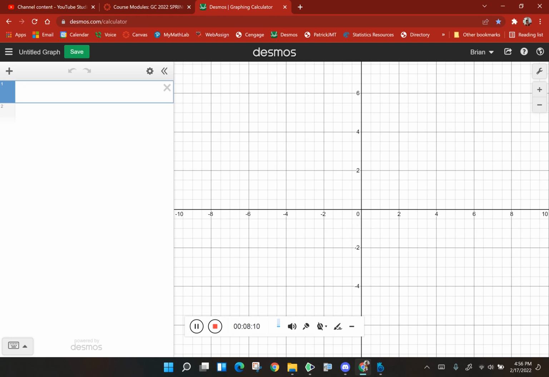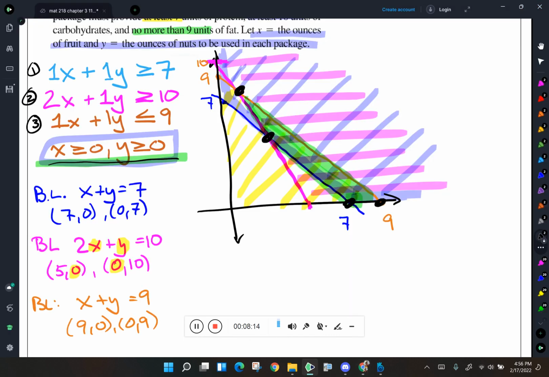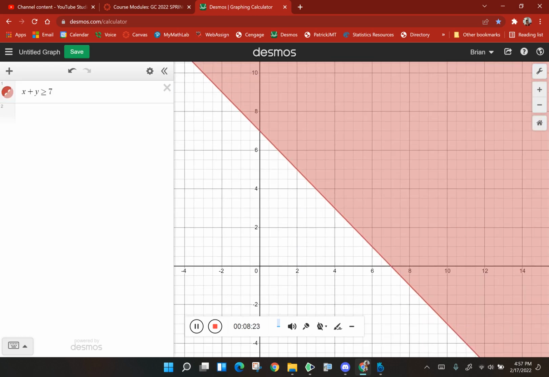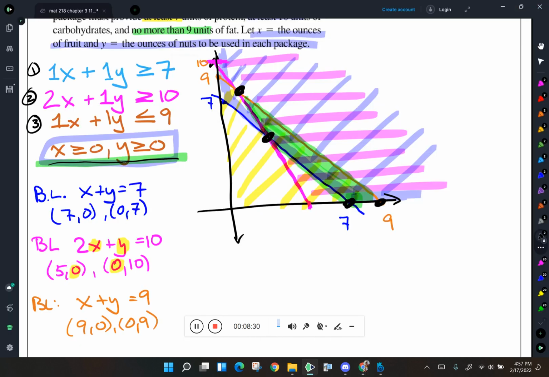My first inequality is x plus y is greater than or equal to 7. Okay. And then my second inequality was 2x plus y is greater than or equal to 10.